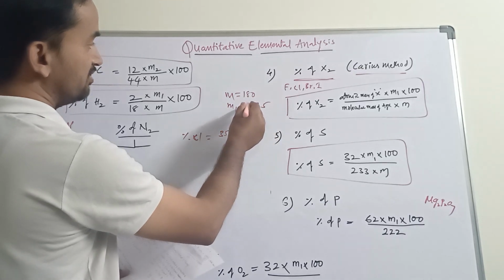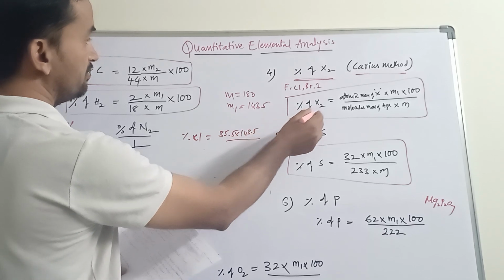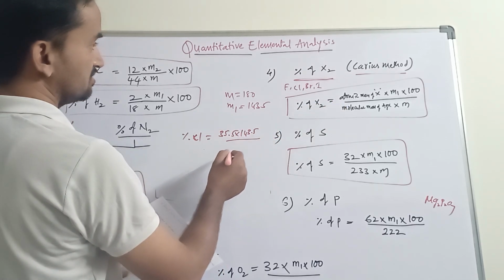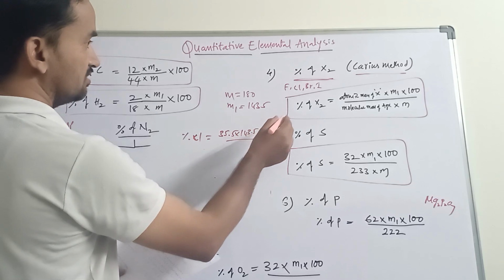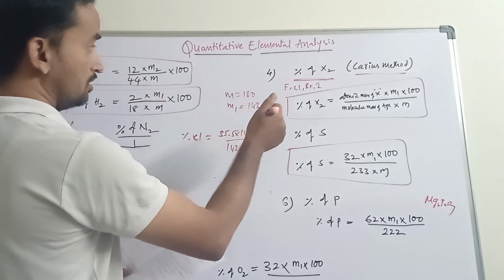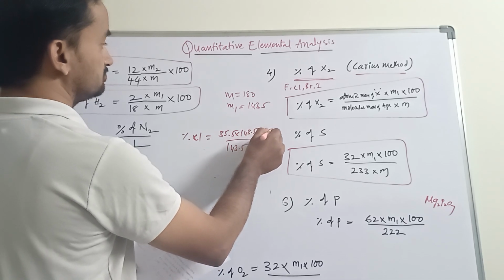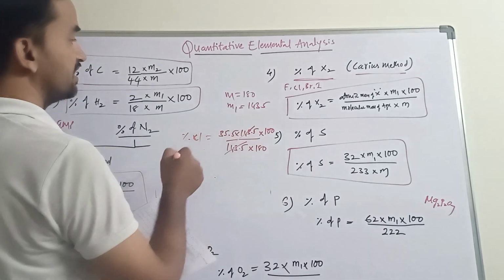So M1 produced is 143.5, divided by the molecular mass of AgX, which is again 143.5. Now total mass is 180 into 100. So this gets cancelled.